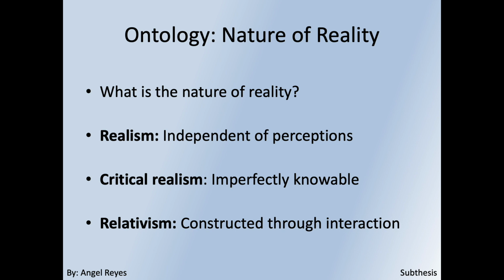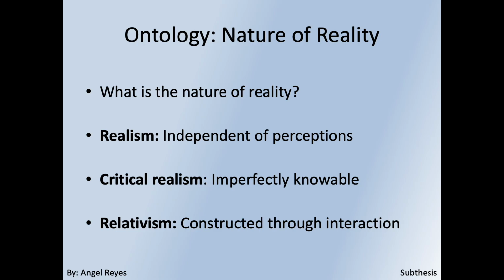Ontology asks the fundamental question, what is the nature of reality? Different paradigms offer different answers. Realism holds that reality exists independently of our perceptions. There is an objective world out there waiting to be discovered.